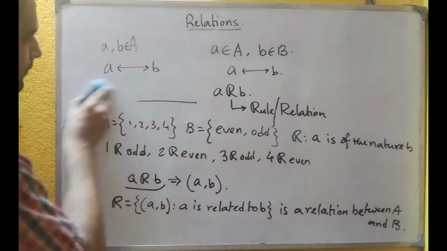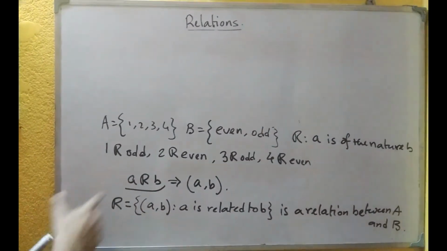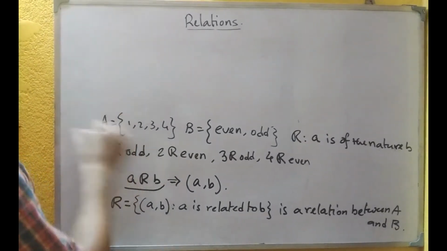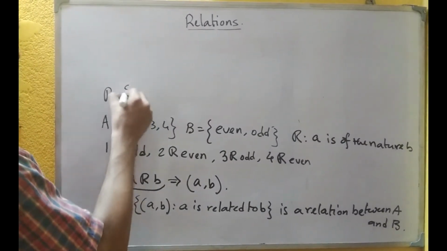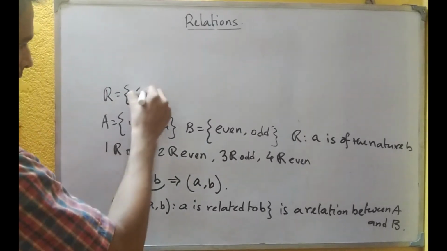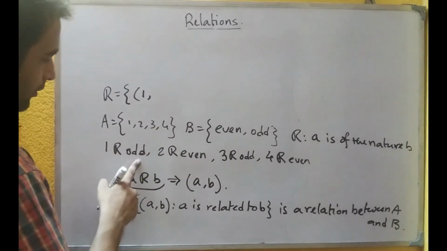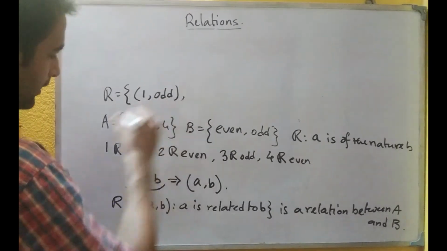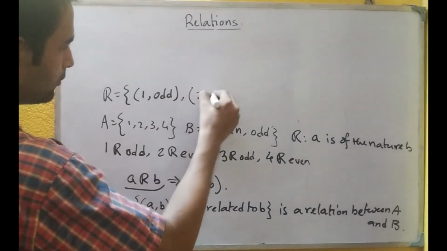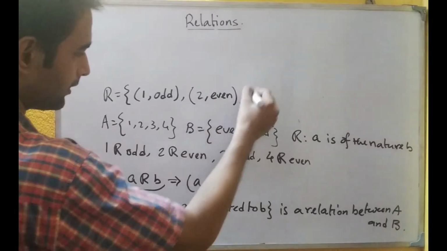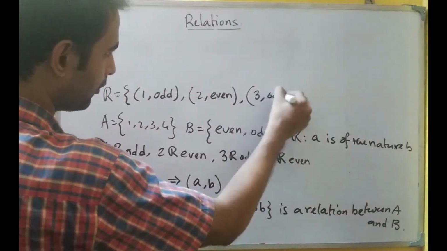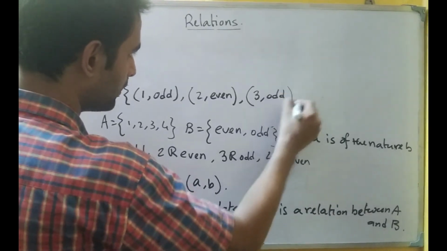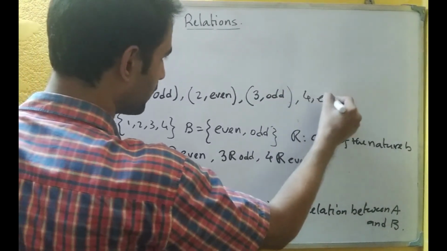See here we can see which element are related to which one. So here for this relation we can write it as this 1. Since 1 are odd, then we can write 1 ordered pair odd. Similarly, 2 ordered pair even, 3 ordered pair odd, and 4 ordered pair even.